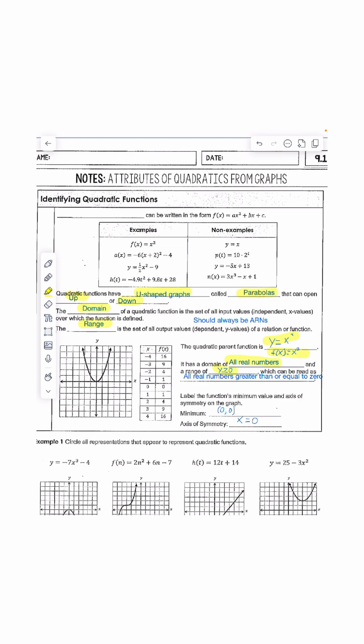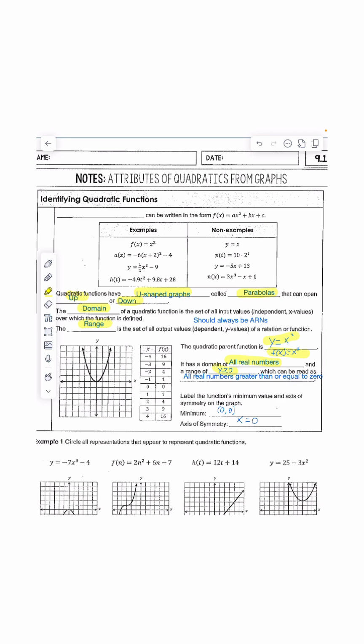If you look at the graph on the left side, that is my y equals x squared, or f of x equals x squared. My domain is all real numbers, and all the values of y are going to be at 0 and going above it according to that graph. It will not go below that 0. This can be read as all real numbers greater than or equal to 0 as well.